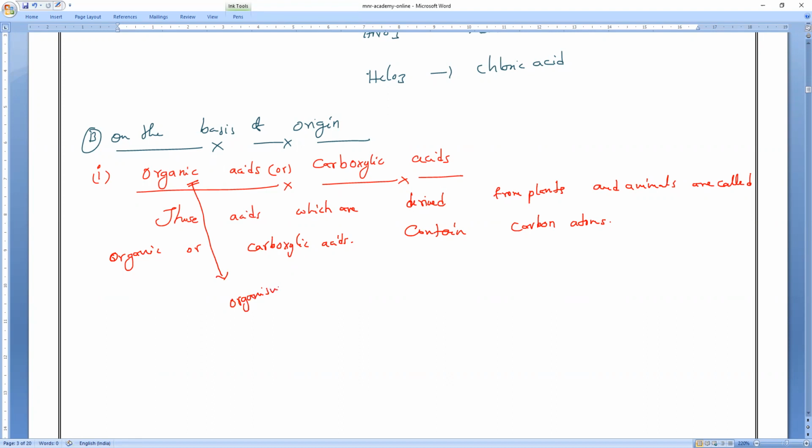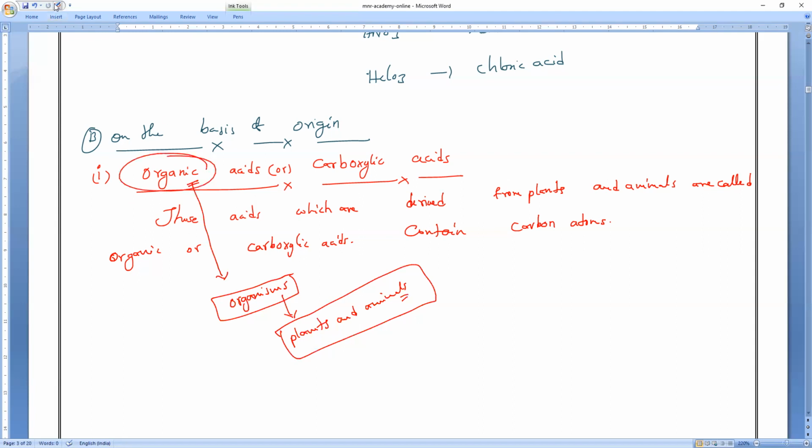What organisms do we have on our earth? We have two kinds of organisms. One is plants and another one is animals. As these acids come from these organisms, that is the reason we call them organic acids.